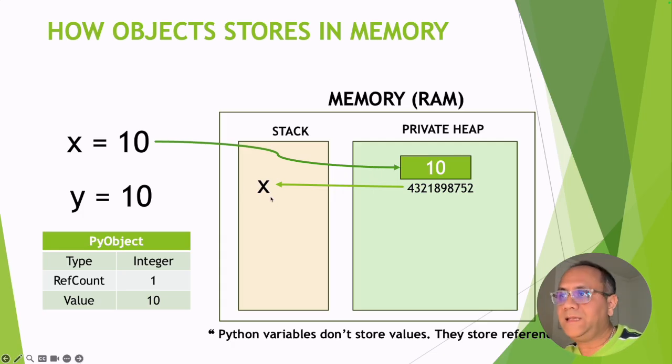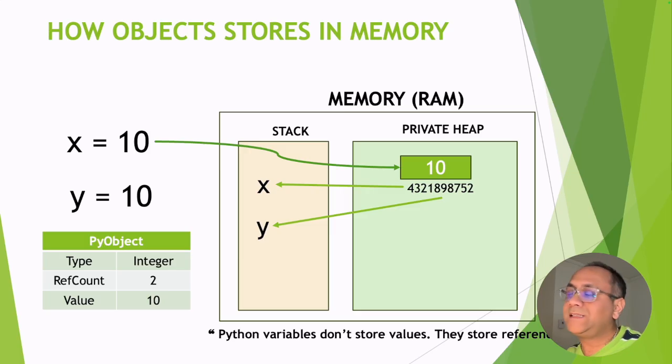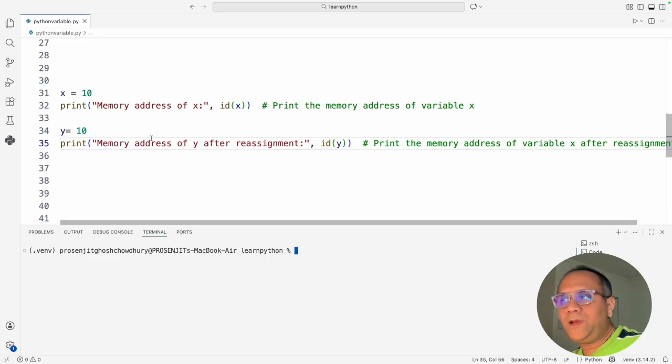Then the y variable actually stores the same reference identity address of the object 10, and you see the reference count increases to 2 now, because the same memory address of this particular object 10 is referred to by two variables here, x and y. That's why the reference count becomes 2. Hope this is clear. Now let's see whatever we learned in the code.